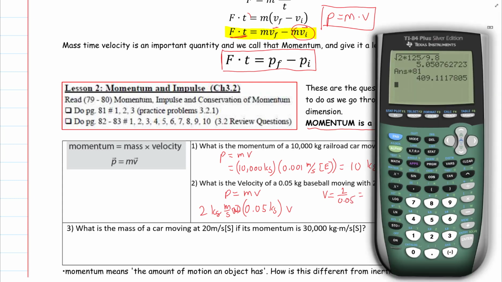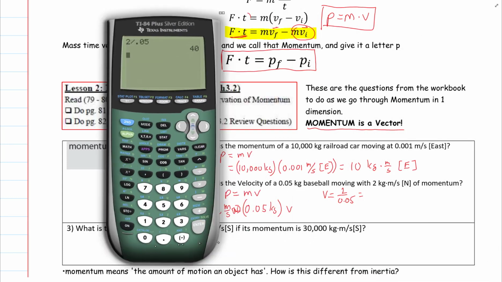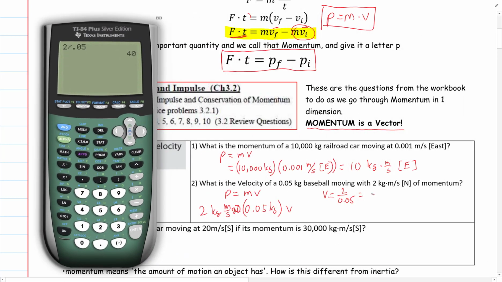Let's pull up the calculator, clear it here. 2 divided by 0.05 is 40. Now, this was kilogram meters per second, and this is kilograms. So the units will still be meters per second north.